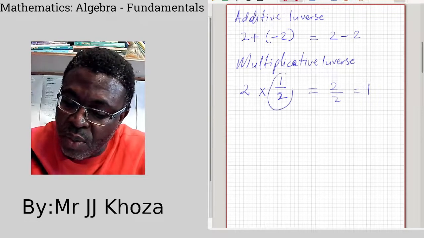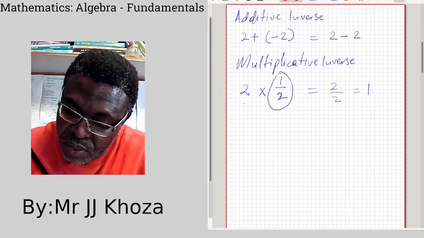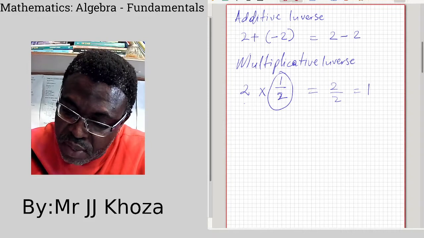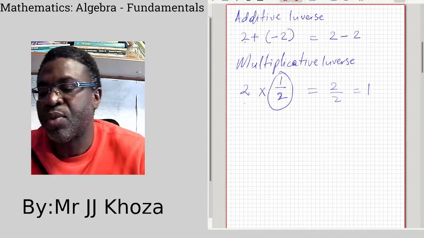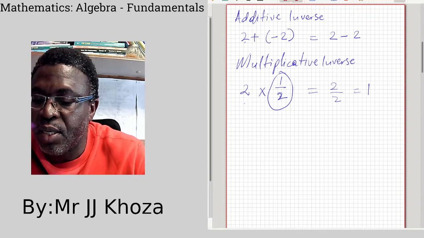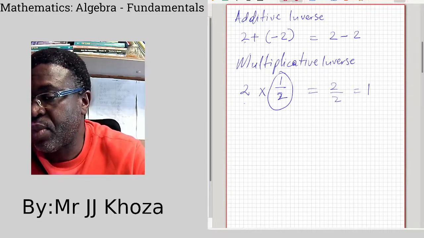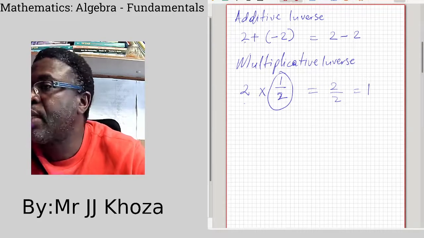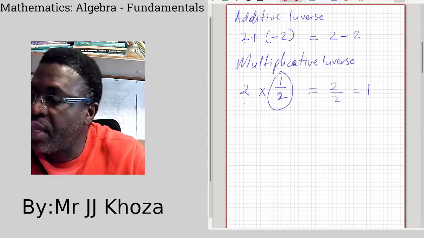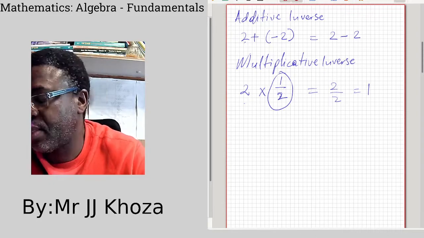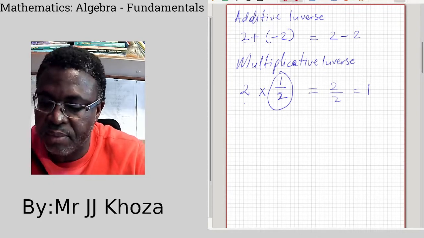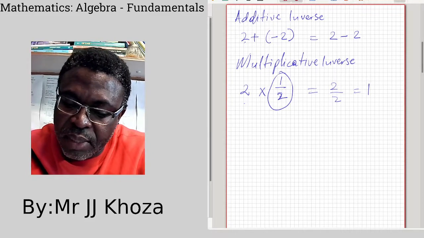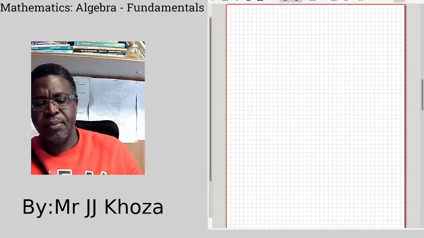So 1 over 2 is the multiplicative inverse of 2, and negative 2 is the additive inverse of positive 2. So in mathematics, we've got addition and multiplication. The other two are inverses. Clear? Perfect.